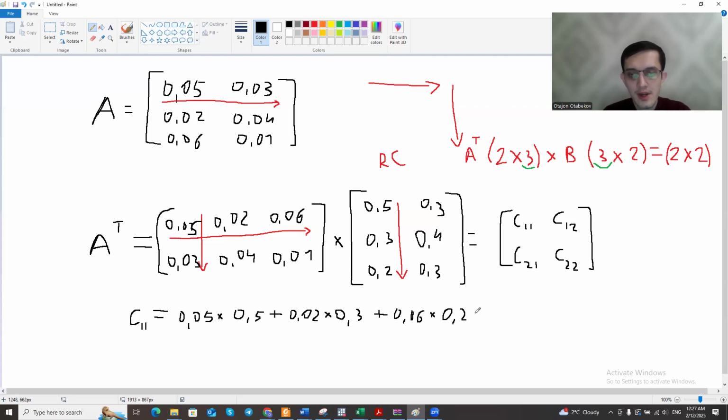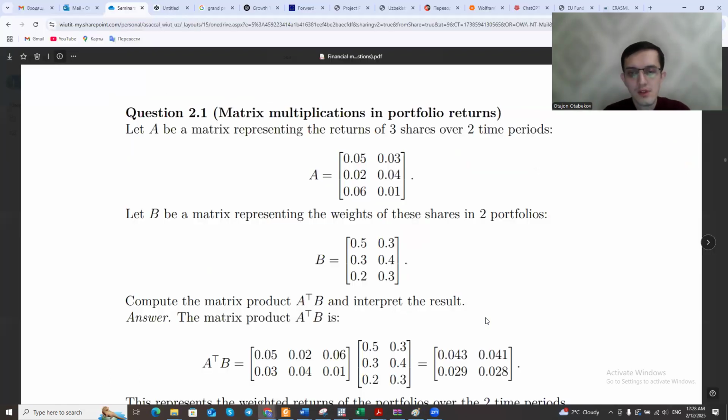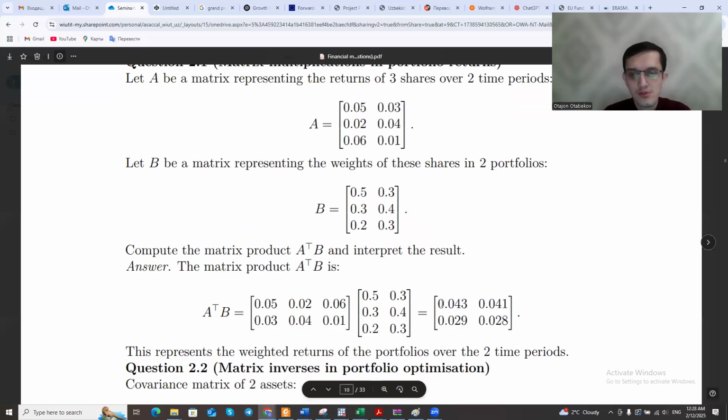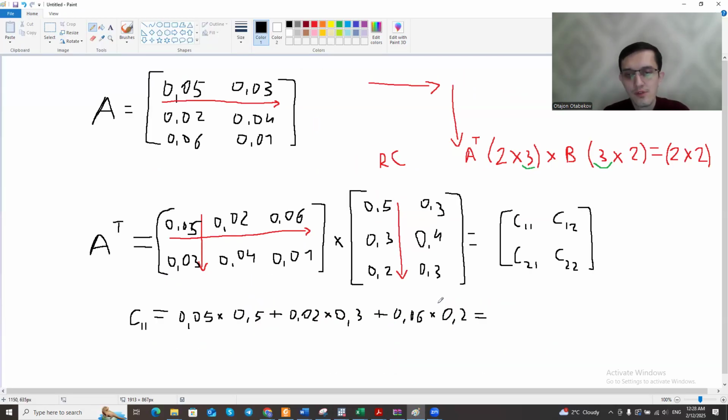That's simple arithmetic. In order not to waste our time, you can just look at the answers. It should be 0.043. Okay.